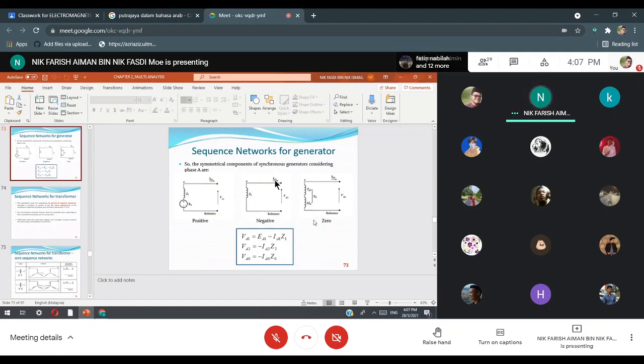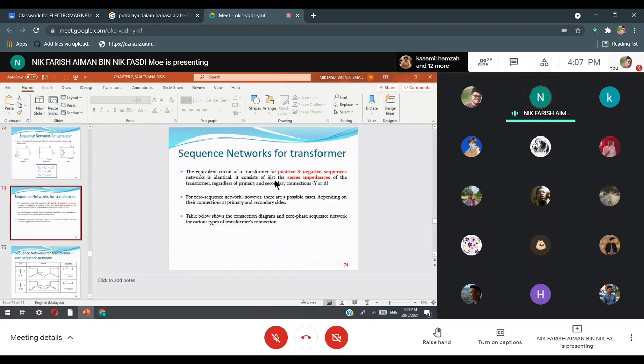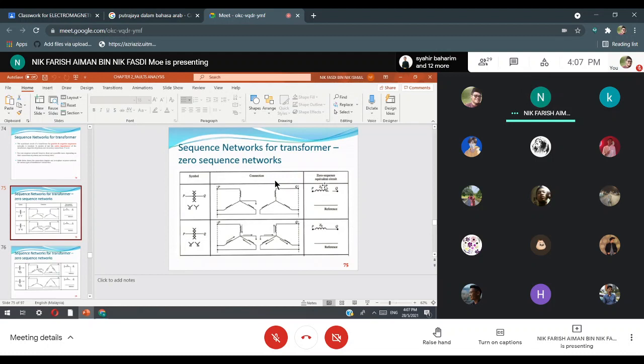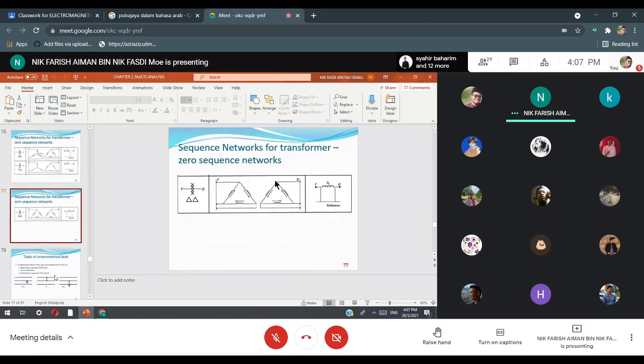For the negative zero, it doesn't have the source. Okay. For zero sequence, you have to add the neutral impedance times 3. Okay. And then for the equivalent circuit for positive, negative, sama, right? However, for the zero sequence, it has a 5 possible zero sequence equivalent circuit. So this one you have to tahulah, or you have to remember.